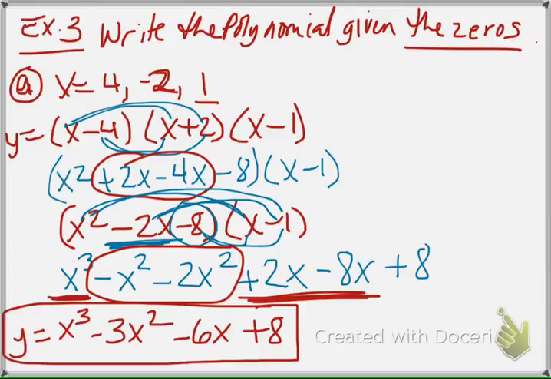One more. So let's look at B really quick. They tell us x is 3, 4, negative 1, and 0.